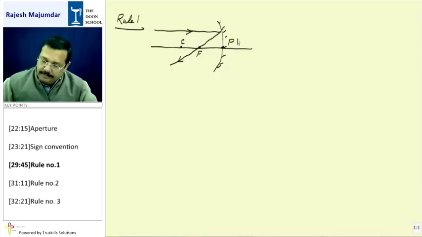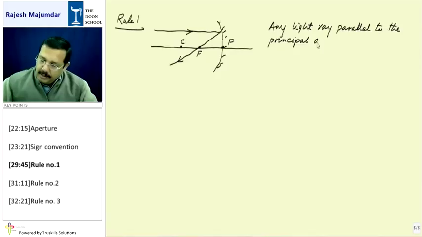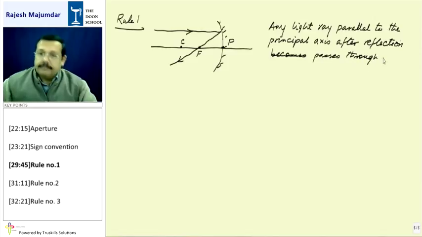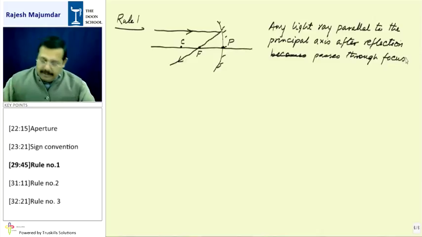Any light ray parallel to the principal axis after reflection passes through focus. This is rule number 1.